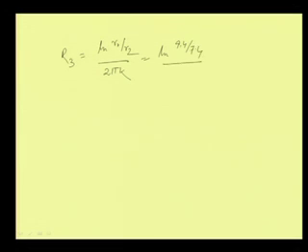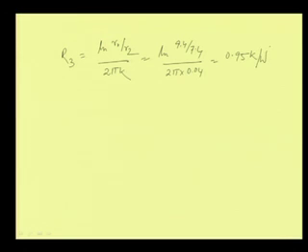R 3 is equal to ln R O by R 2 by twice pi k, which is ln 9.4 by 7.4 divided by 2 into pi into k, where k is 0.04 for this case, and this value comes about 0.95 Kelvin per watt.